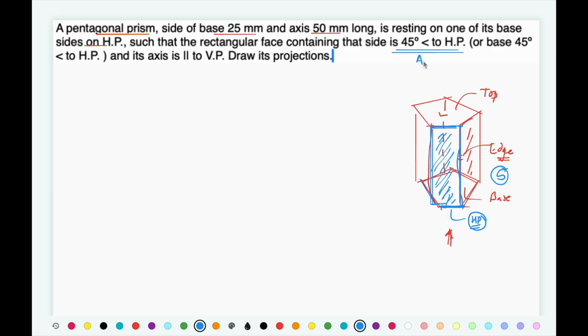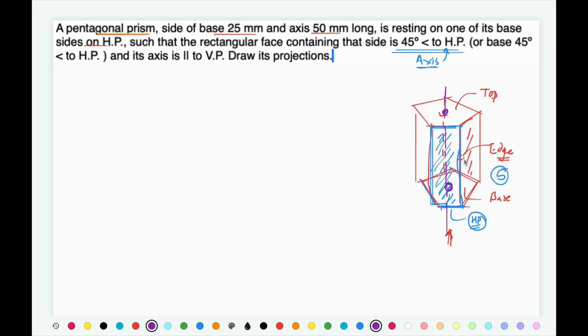So they have given axis inclination with HP, but in some different words. We know that if I draw the axis of the solid, axis is nothing but I will locate the center of its bottom face, the center of the top face, and I will draw a center line.